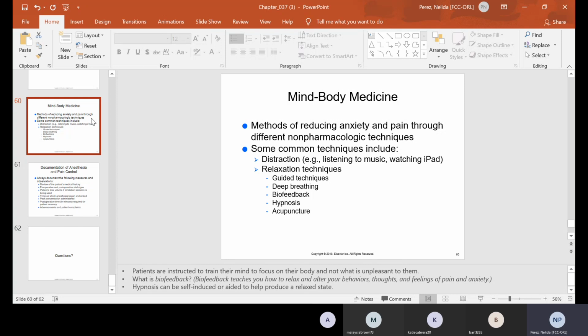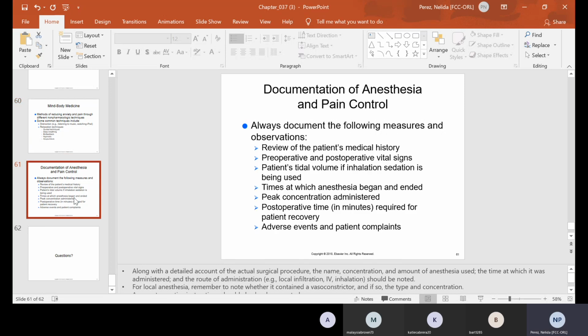In a dental office, we don't really do that except mainly telling them deep breathing and stuff. You don't see us giving them acupuncture or hypnosis. Now they can go somewhere and get it and then come to their appointment, but we don't really do that in the office.